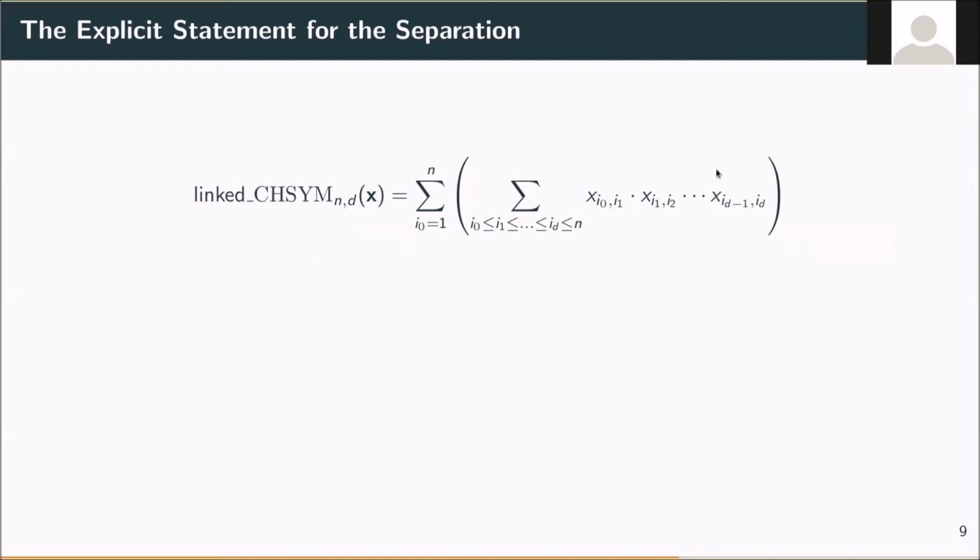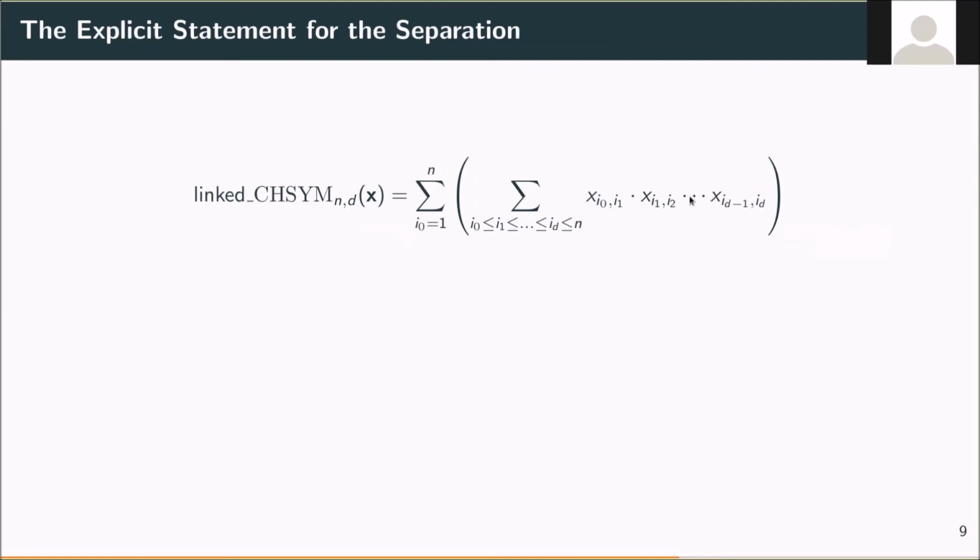Okay, and it can also be viewed as a projection of the iterated matrix multiplication polynomial. So it is very similar to the complete homogeneous symmetric polynomial, except that every variable is linked to the previous variable. Okay.